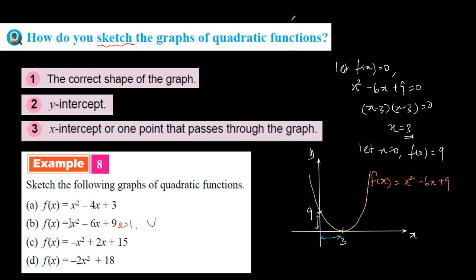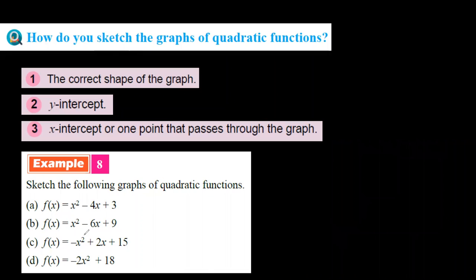Okay, look into question C. Question C, we can see that this a is equal to negative 1, which means a crying curve. Okay, draw a crying curve.